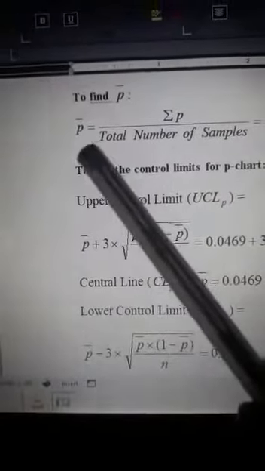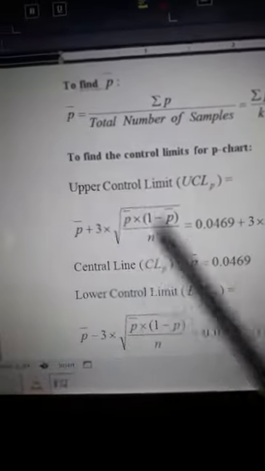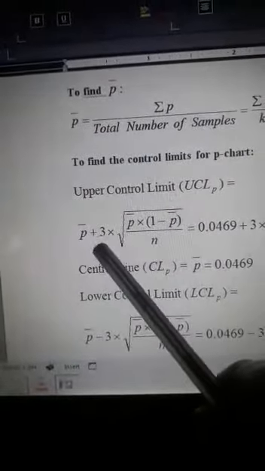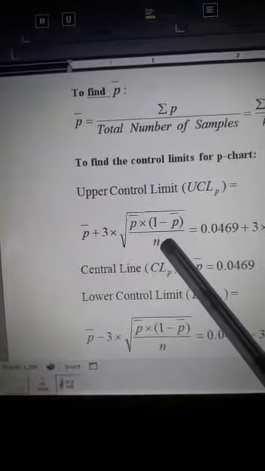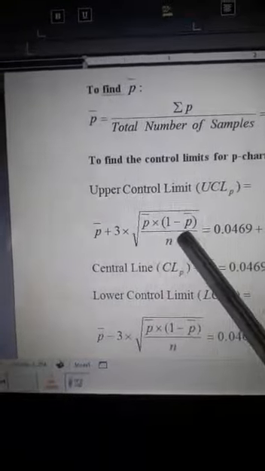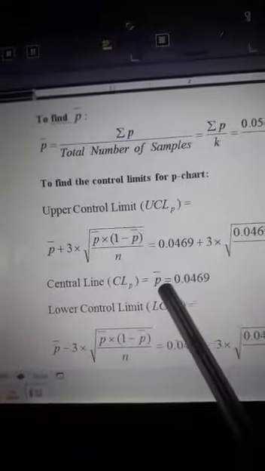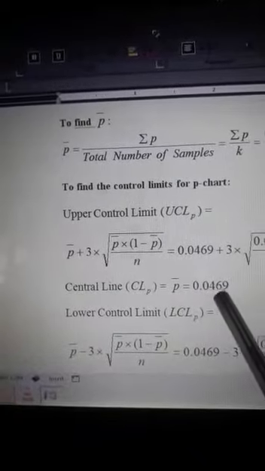So for finding out the upper control limit as well as the lower control limit of a p chart, we require the value of p bar and small n. Small n is sample size, which is 200 for this problem, as given in the question, right? And for finding out the value of the central line, again we require the value of p bar, which we have found out as 0.0469.